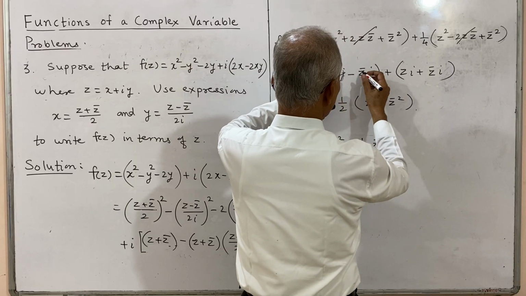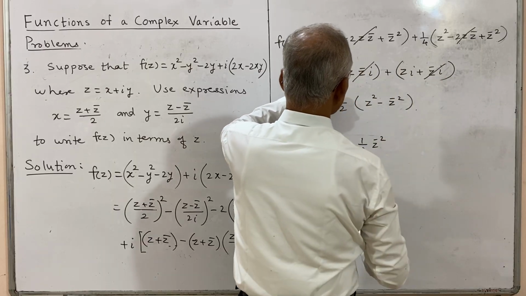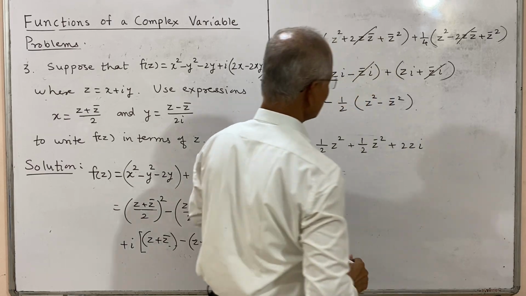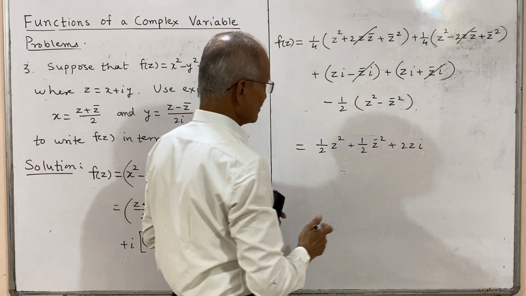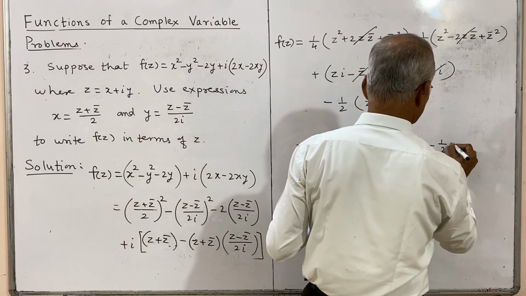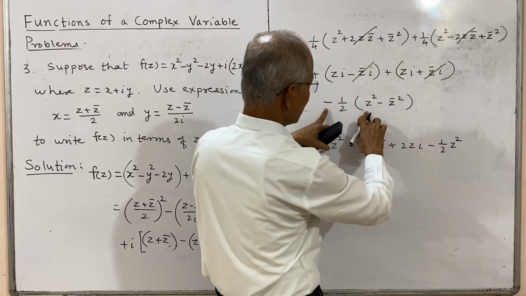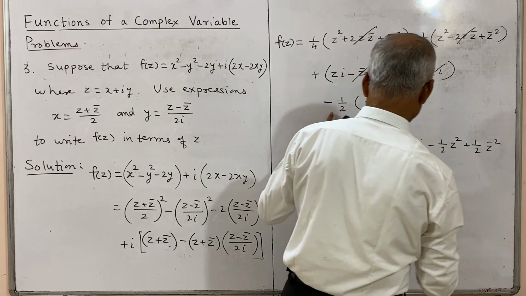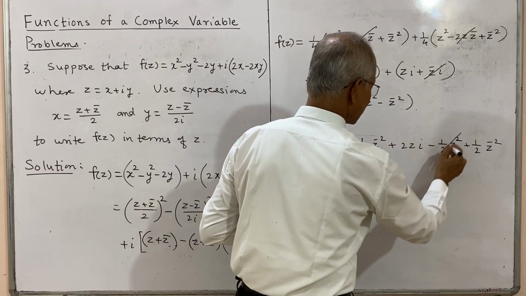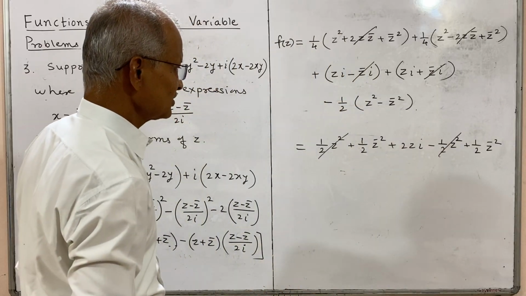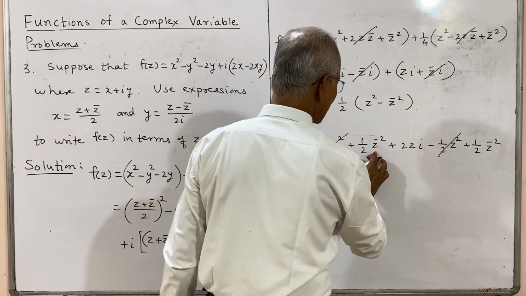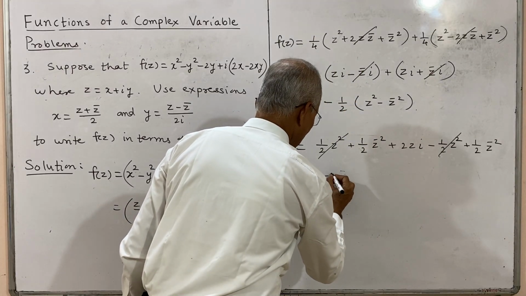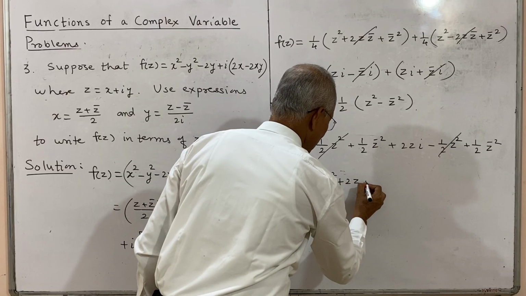So this z bar i and this cancels. So zi plus zi is 2zi, and now it is half z square minus half z square plus half z bar square, and again this term cancels, and what remains is half z bar square plus half z bar square is z bar square plus 2zi.